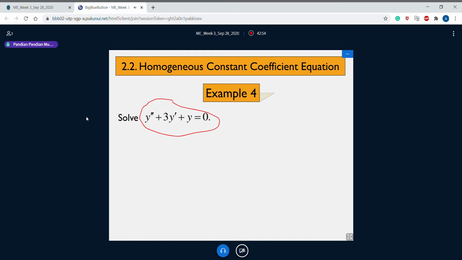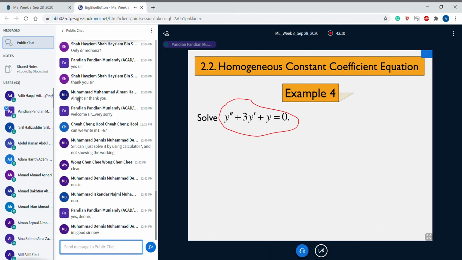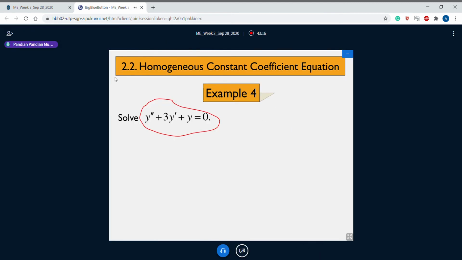Yeah, Dennis, you are okay. So Dennis is asking a question: can I just solve it by using a calculator and not showing the working?